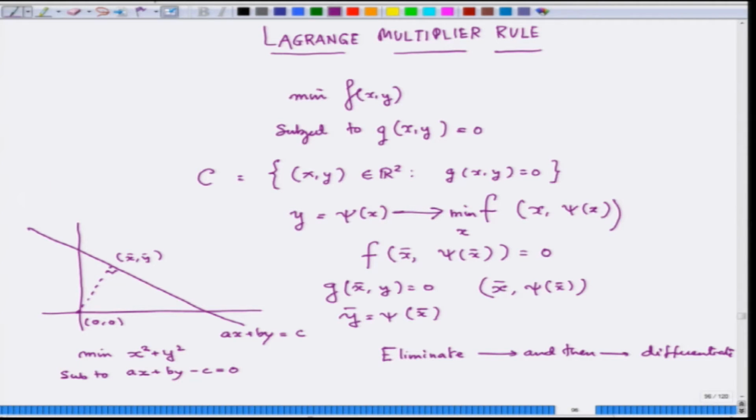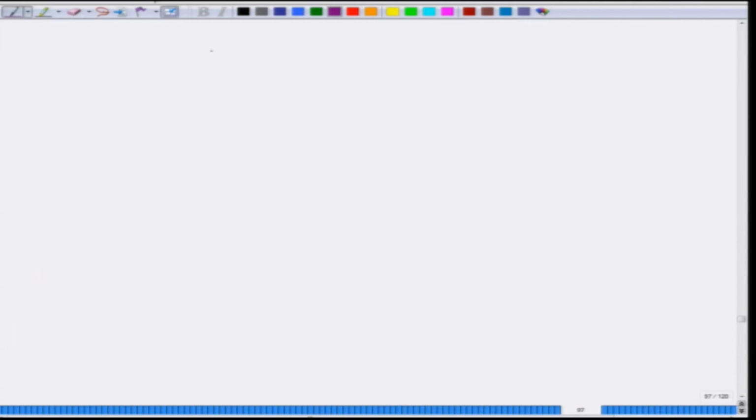Here, suppose I take A equal to 1, B equal to 1 and C equal to 1. Basically x plus y equal to 1, that is the line which passes through (1, 0) and (0, 1), which you know very well. So my problem becomes: minimize f(x, y) subject to x plus y minus 1 equal to 0.